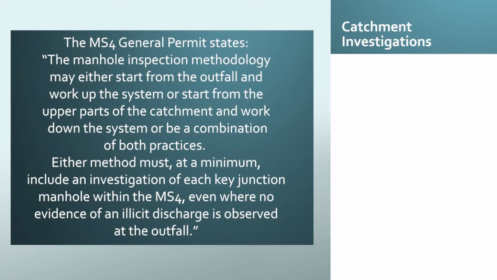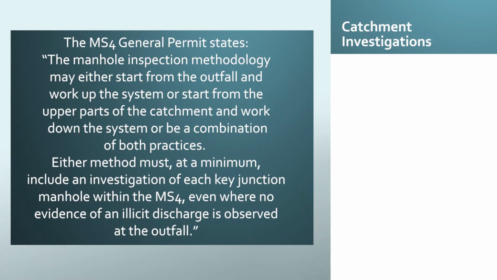The MS4 general permit states the manhole inspection methodology may either start from the outfall and work up the system, or start from the upper parts of the catchment and work down the system, or be a combination of both practices.